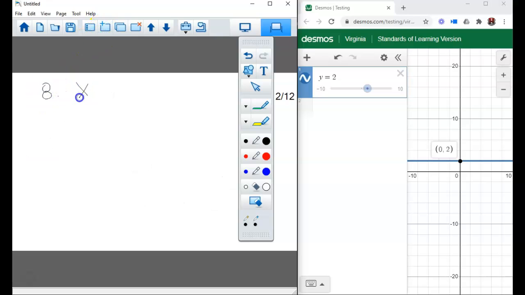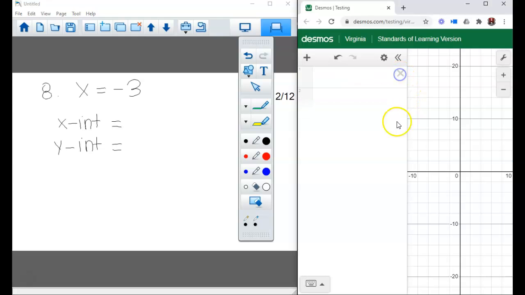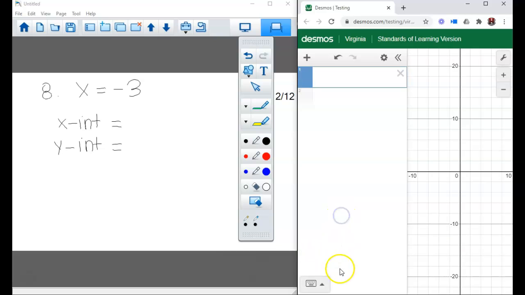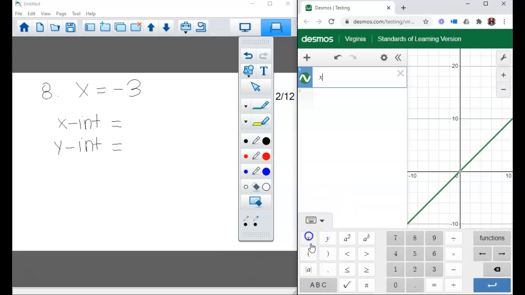Alright, now let's do one that is like this. This time we have an equation that has an x but does not have the y. So I'll clear this one out and type in x equals -3.